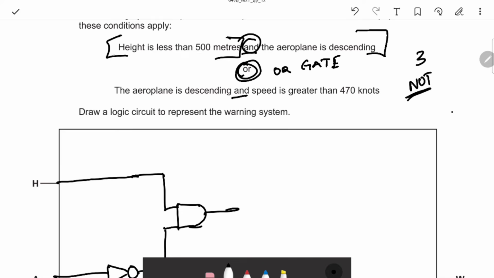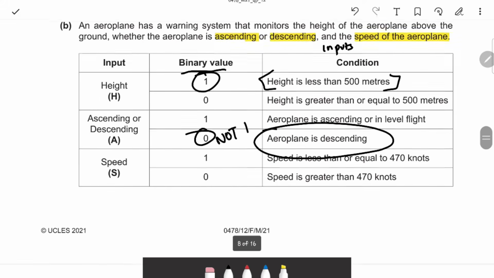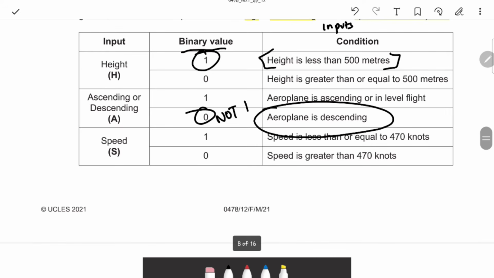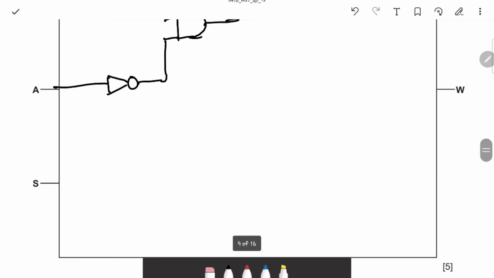This statement and this statement will be joined with an OR gate later, but we'll have a look at that just in a bit. The aeroplane is descending, so when we go to aeroplane is descending, that's not A again, so we will continue and say not A. Now what you can do for this is you can just do a line right here.